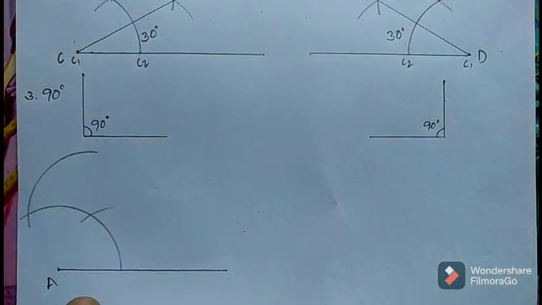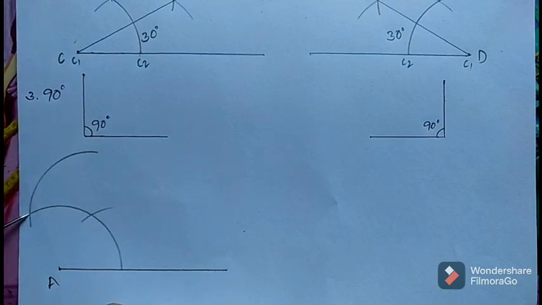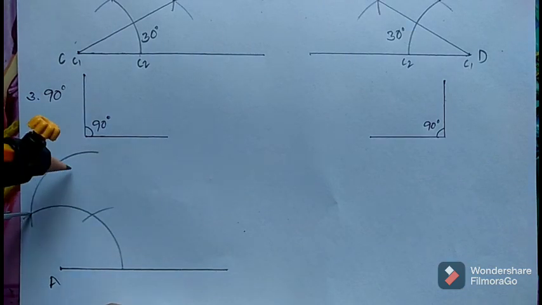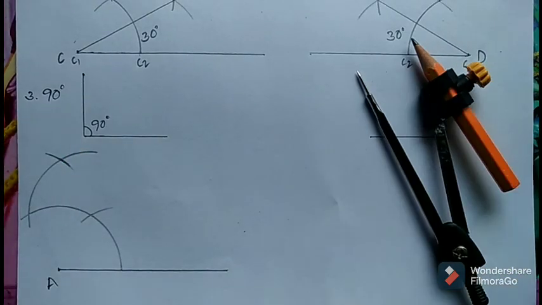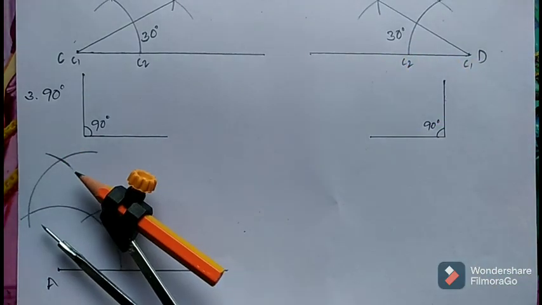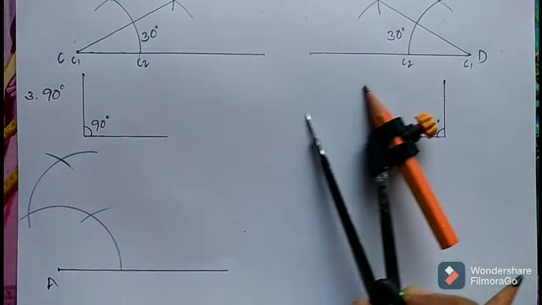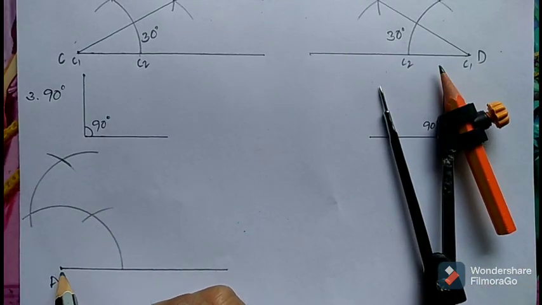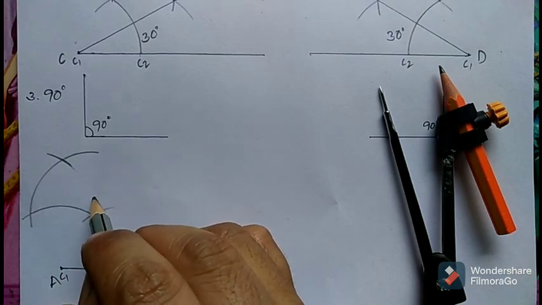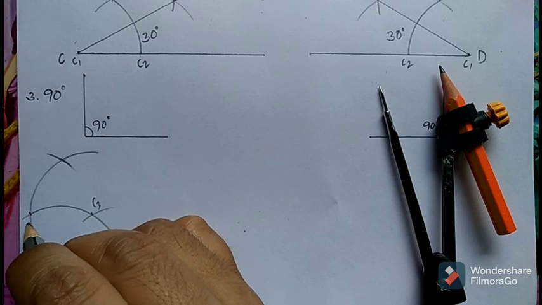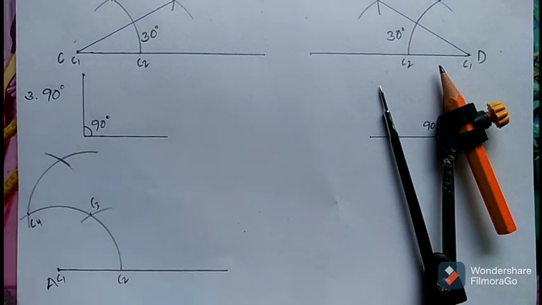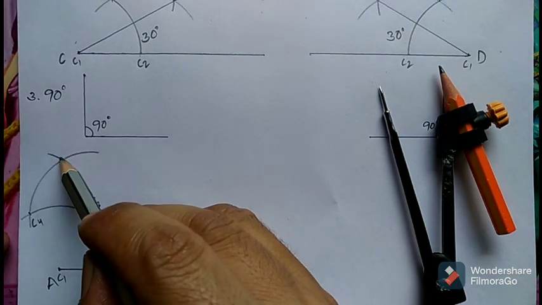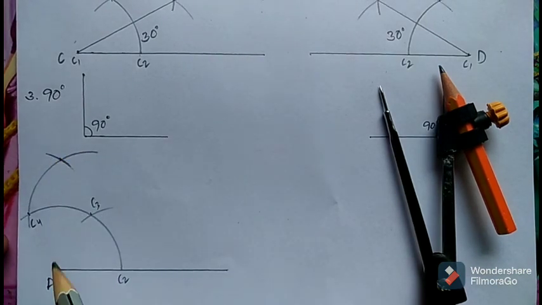And then you can see the second and third arcs intersect at this point. Again take this center and cut the third arc at one point. Now altogether we have 4 arcs. But to draw all these 4 arcs, use the same radius. Don't change your radius. This is the first center, this is the second center, this is the third center, and this is the fourth center, C4. Then finally we will join the point of intersection of these 2 arcs and the first center.